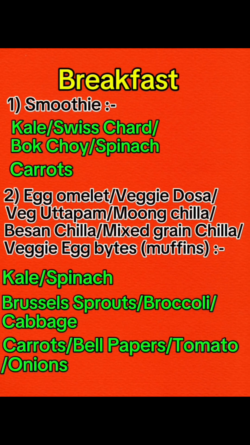Now let's see how we can combine these vegetables in our breakfast, lunch and dinner to get maximum nutrition. For breakfast, I used to give 4 to 5 items to my child, in which 2 items are compulsory and in which we can use those high density foods.